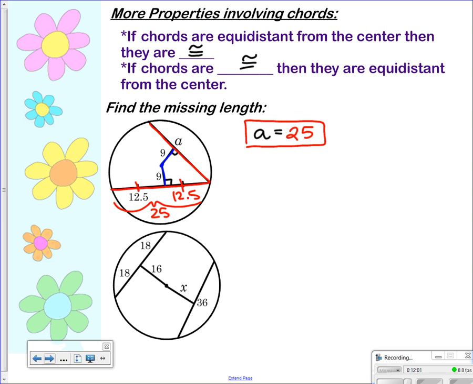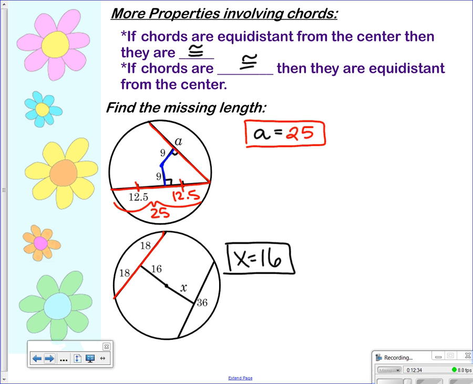Now, the chord on the top is 16 units from the center. So what does the distance have to be for x? 16. It's got to be the same. Really no arithmetic involved in these. You just kind of have to look at the circle and examine the lengths of the chords and the distance from the center.